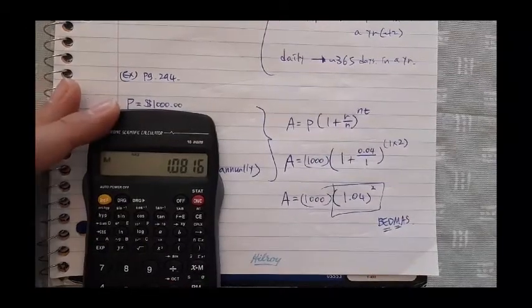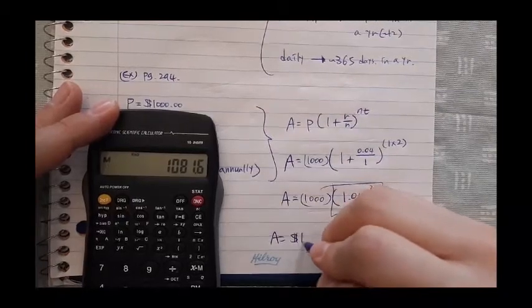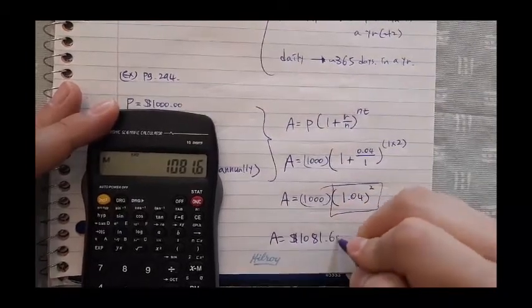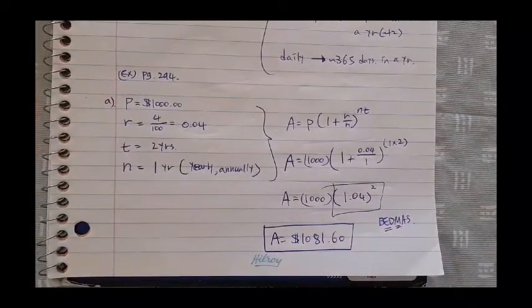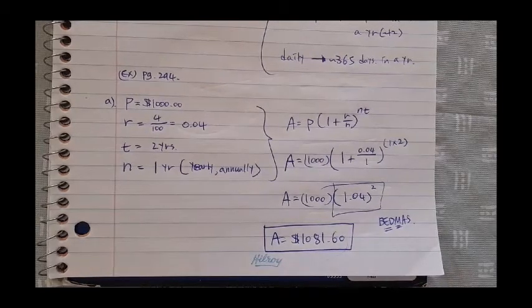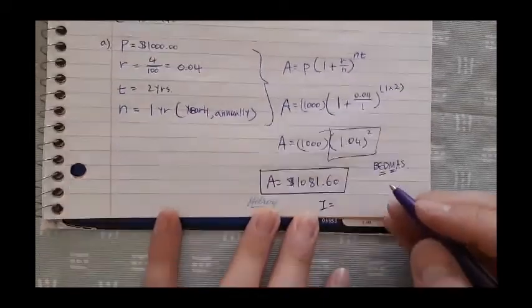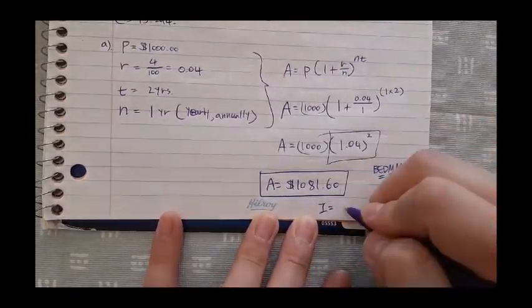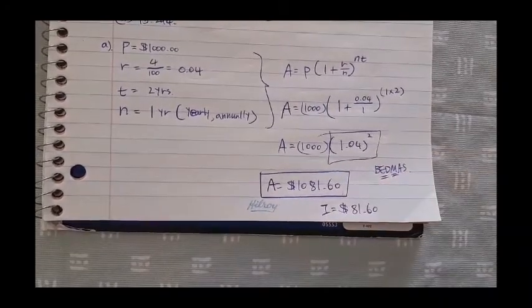Times by 1000 gives me 1081.60, and that is how much total money that we will have. If you earn compound interest, your investment will eventually be worth 1081.60. And if you think about the interest amount that you earn from the principal, you just minus 1000. So you technically earn 81.60 as interest.